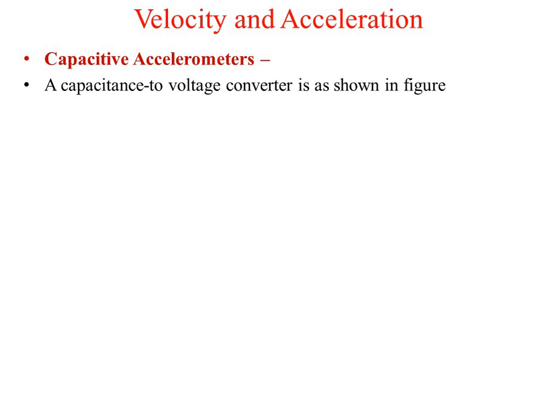Whatever the change in capacitance is, you need to do the C to V conversion. Most of the time for C to V conversion, you can use oscillator devices where you convert the change in capacitance to frequency. Here is one circuit which is used as a C to V converter.